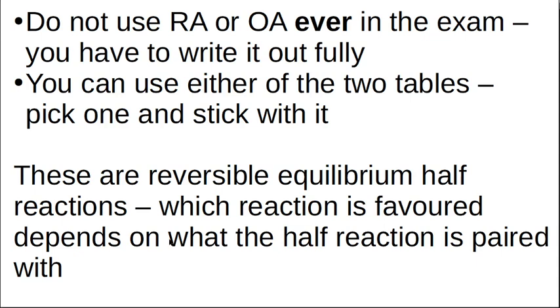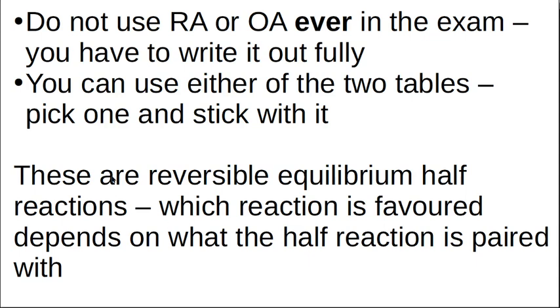The other thing to remember on that table is that they're reversible equilibrium half reactions, okay? So when you get asked to write one of these reactions, at the end of the day, you're going to pick either the forward reaction or the backward reaction. So you have to figure out which reaction is taking place. You have to figure out who wants to be an ion, okay? Who is shoving the electrons onto somebody else who has to accept them and turn back into something that's not an ion.